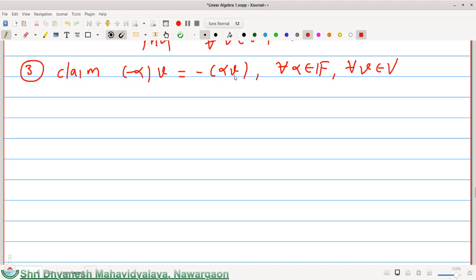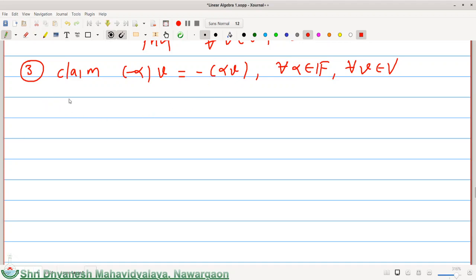Okay, I am repeating again what it is: minus of alpha into v, and minus of any element is nothing but the additive inverse of the element. So proving this equation means we have to prove minus alpha into v is the additive inverse of alpha into v.